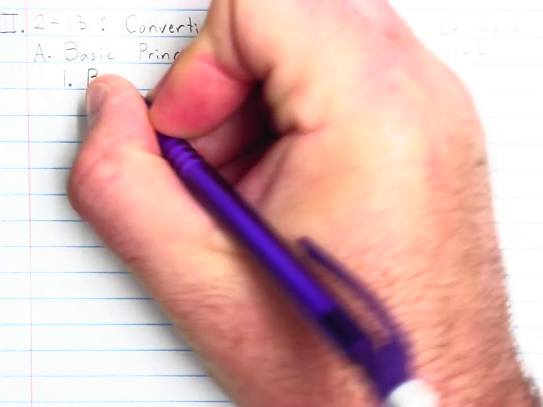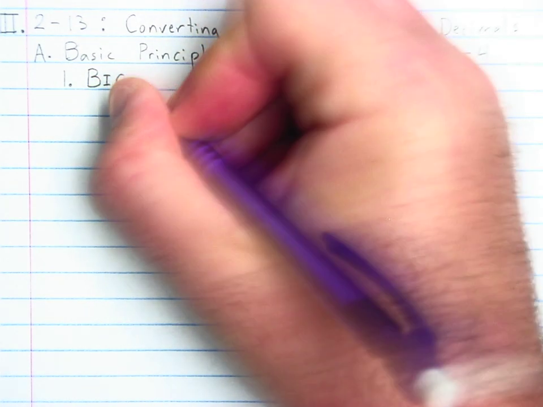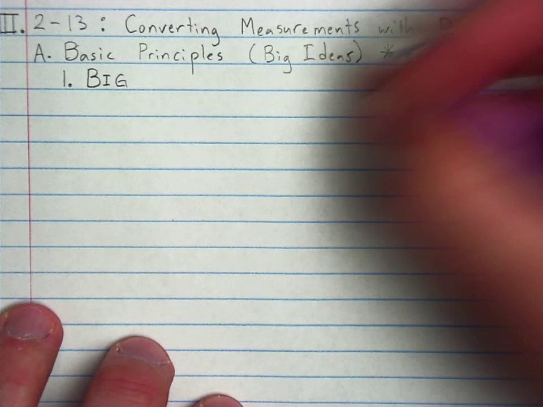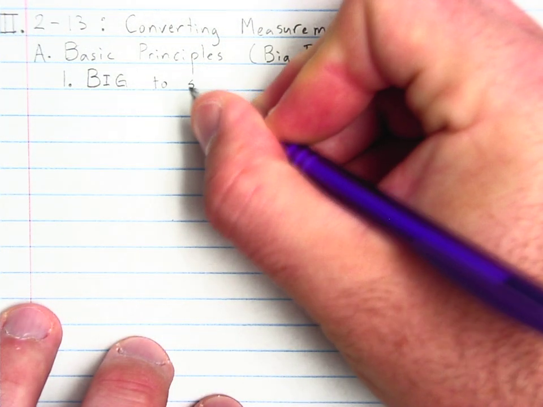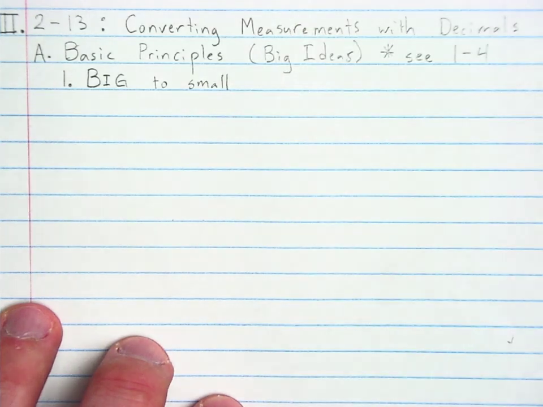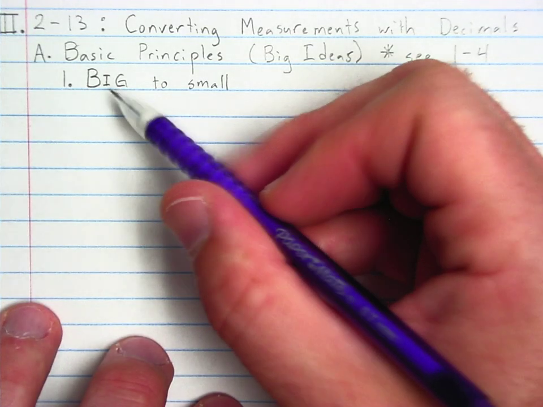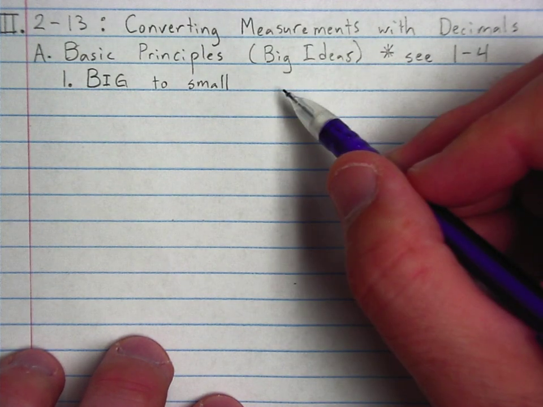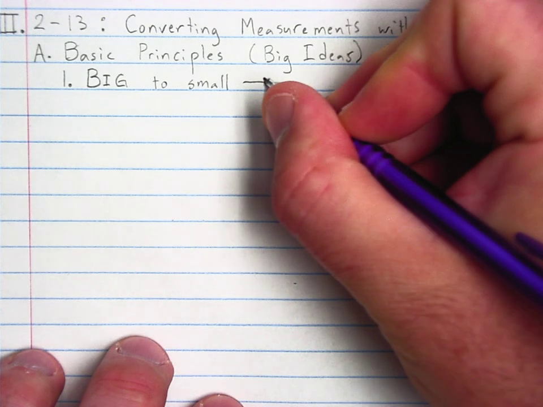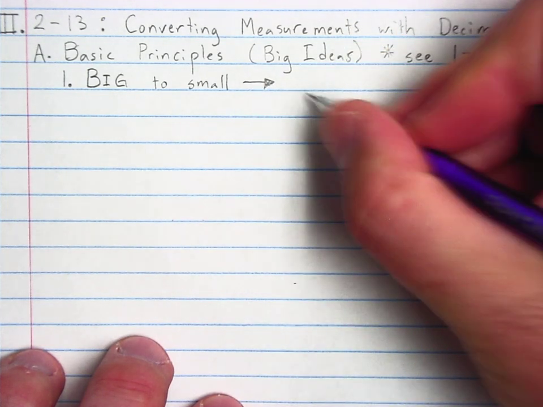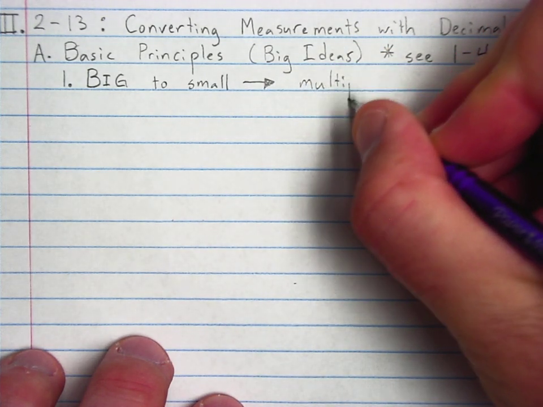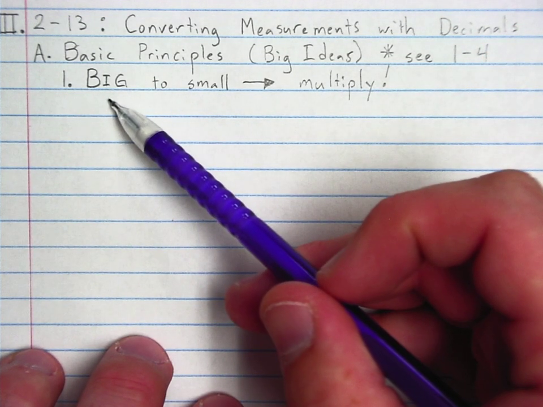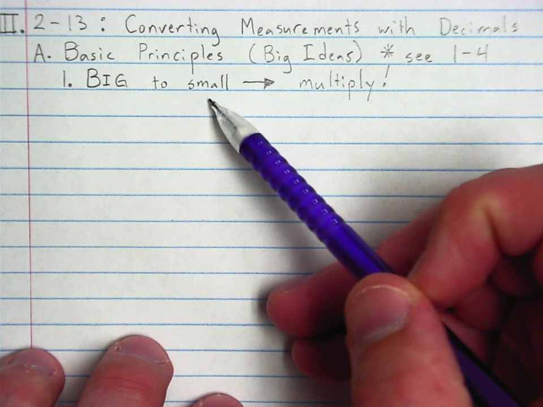Okay, the two big ideas we're going to talk about. If we start with a relatively big unit of measurement, let's say a kilometer, and we're going to convert it to something smaller, like a meter. So kilometers, it's kind of similar to a mile, not the same, but similar. Something big like a kilometer to something small, like a meter. We're going to multiply. 1 kilometer is made of 1,000 meters.